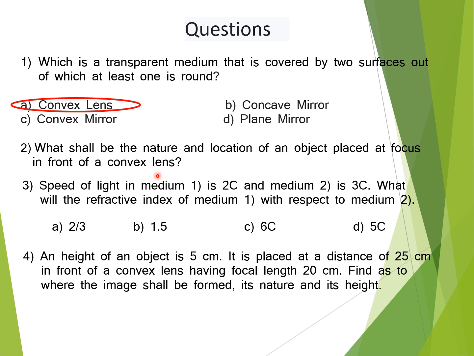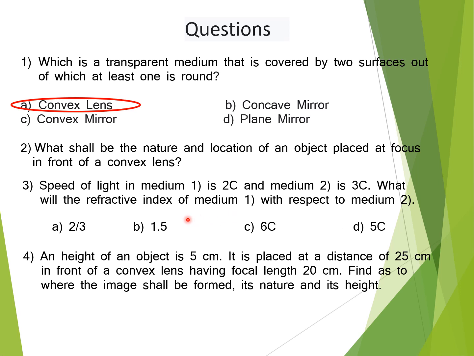Right? The third question. Speed of light in medium 1 is 2c and in medium 2 is 3c. What will be the refractive index of medium 1 with respect to medium 2? Fine. We have studied that if we have to find out the refractive index of medium 1 with respect to medium 2, we write N12, and this was equal to speed of light in medium 2 divided by speed of light in medium 1.